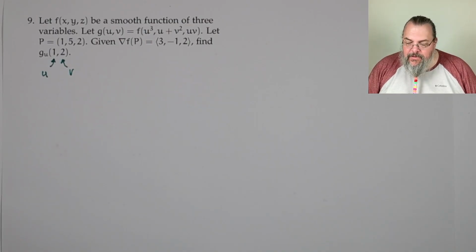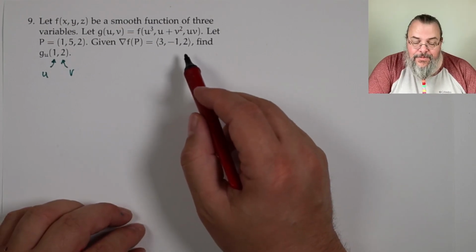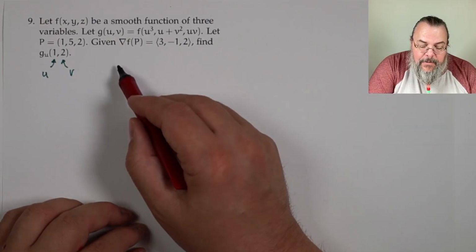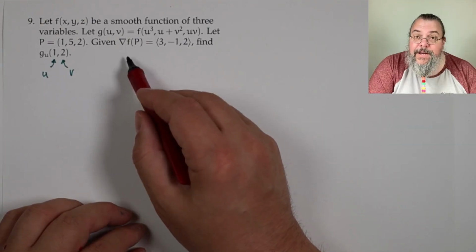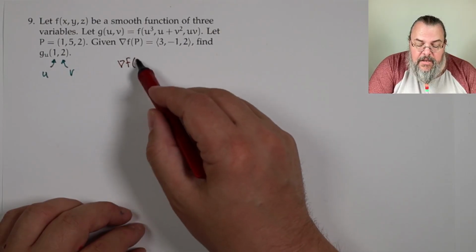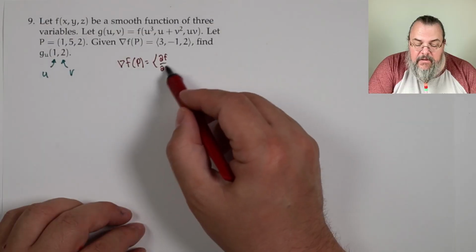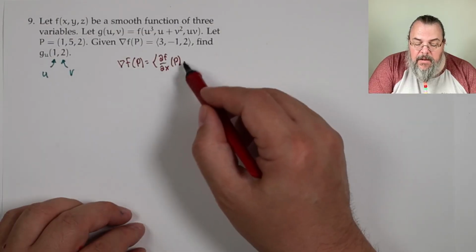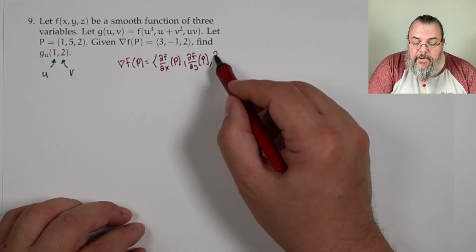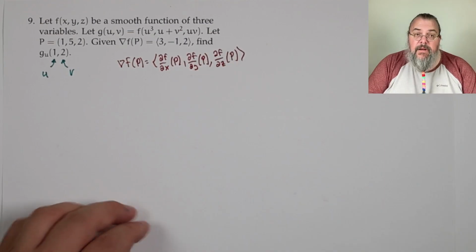Now, some other things. We're told the gradient of f at P is 3, minus 1, 2. And so in particular, we have the following. What is the gradient of f? Well, we know gradient of f at P is partial f partial x at P, comma, partial f partial y at P, and partial f partial z at P. That's just how gradients work.